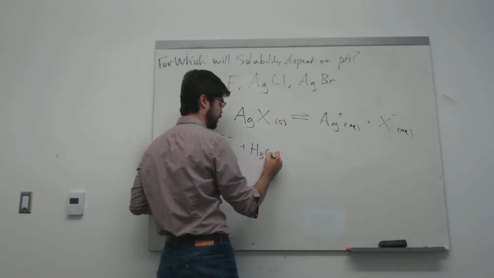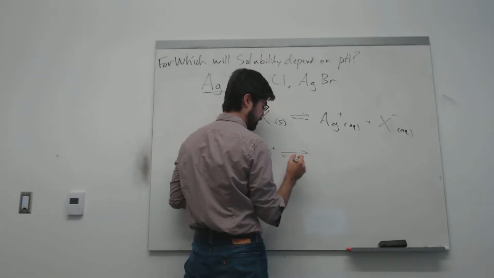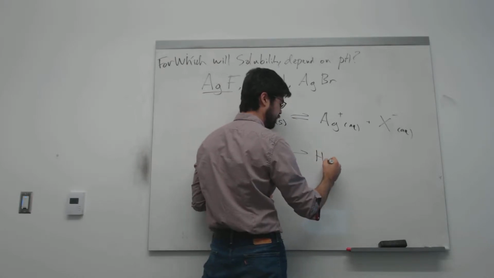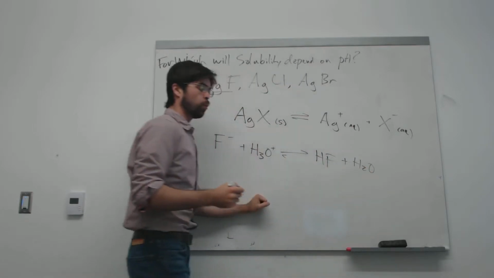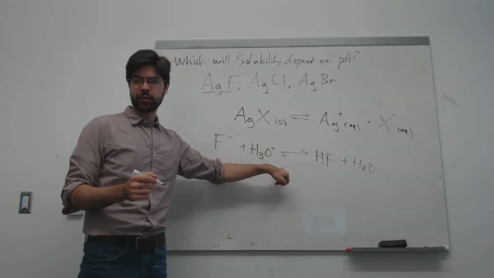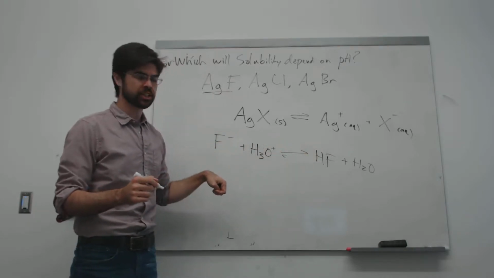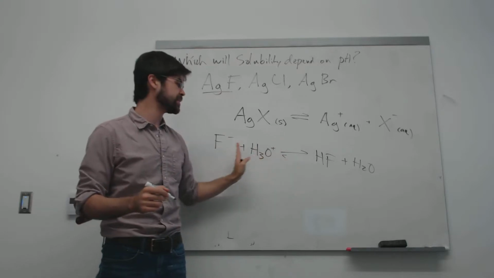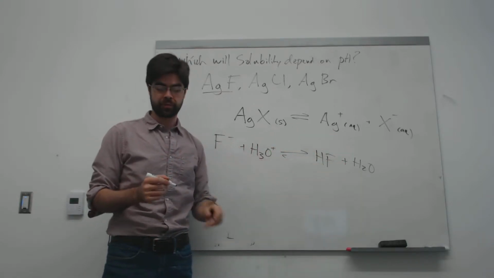The fluoride ion will react with hydronium ions and produce hydrofluoric acid and water. So I've written this kind of like an equilibrium reaction. It has a forward reaction and a backwards reaction, but I've written it specifically by saying the forward reaction here is much more favorable.